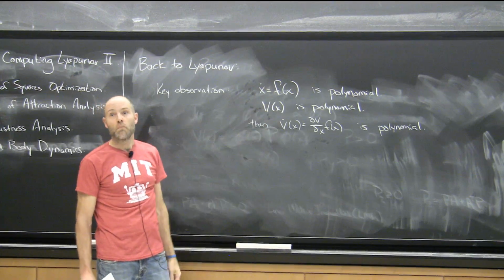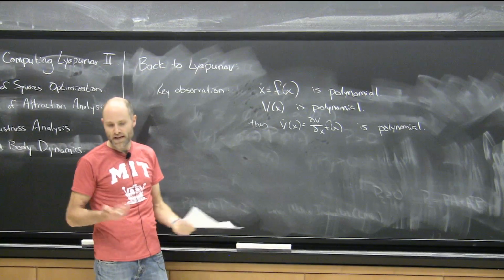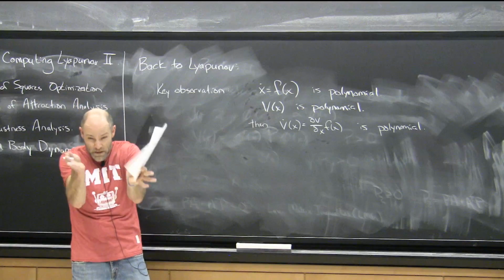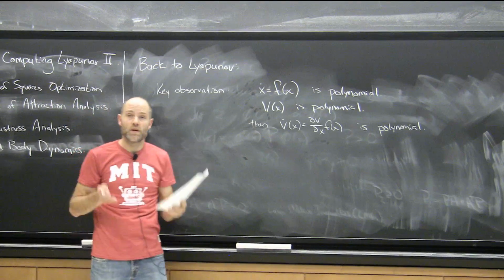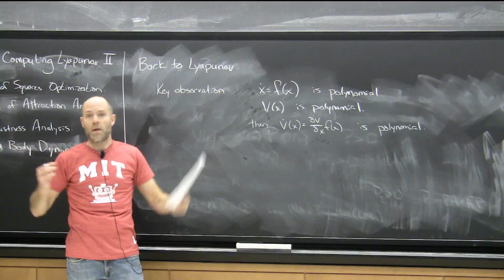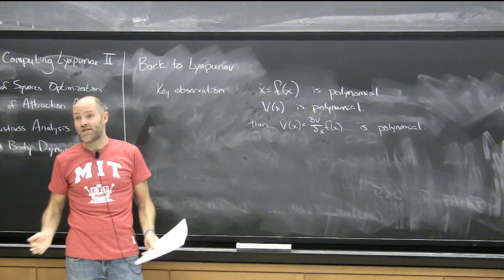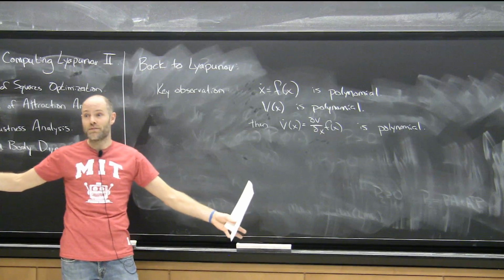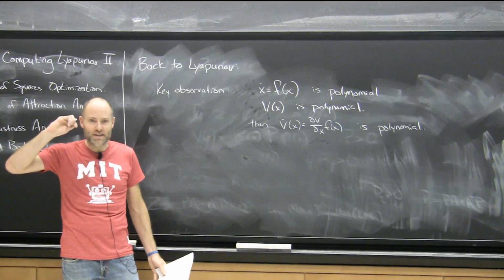Okay? But if I convinced you of anything last time about the difference between cost-to-go functions, which are particular solutions to a particular partial differential equation, versus Lyapunov functions, which just have to satisfy this inequality constraint, the great thing about Lyapunov is that if you can find one Lyapunov function, you can find a lot of Lyapunov functions that prove stability. It's not this sort of narrow class.